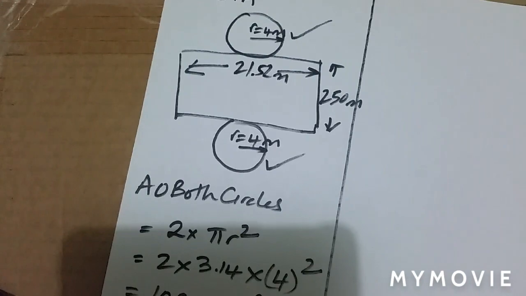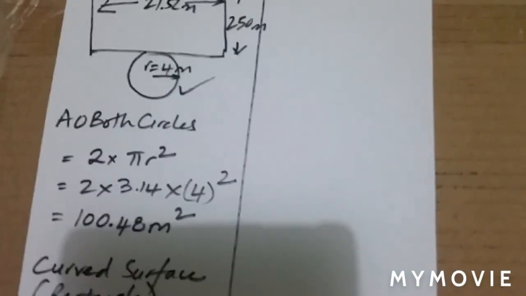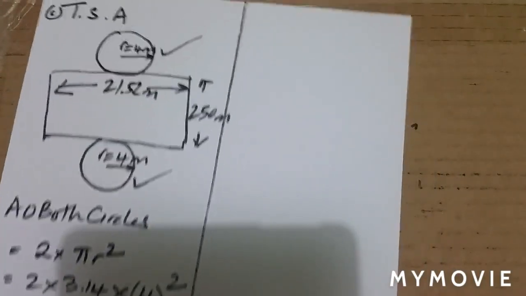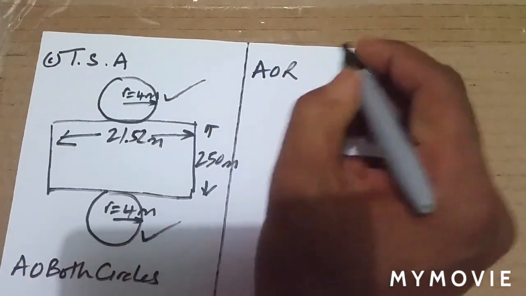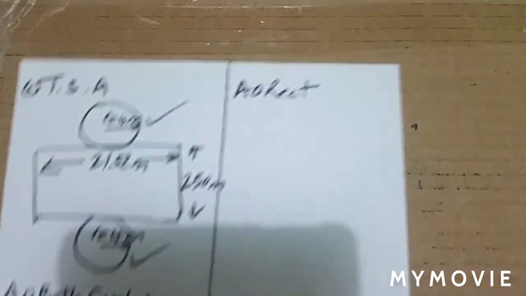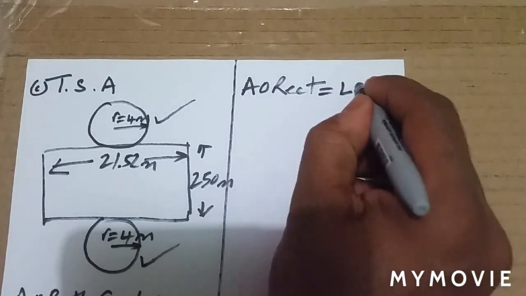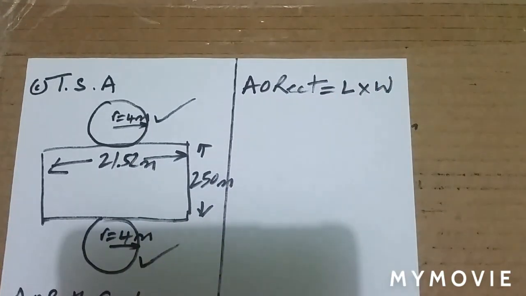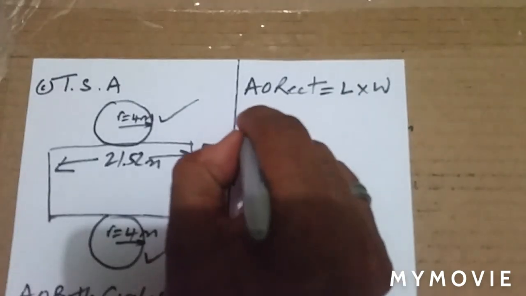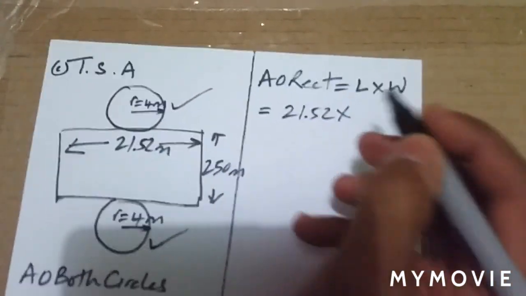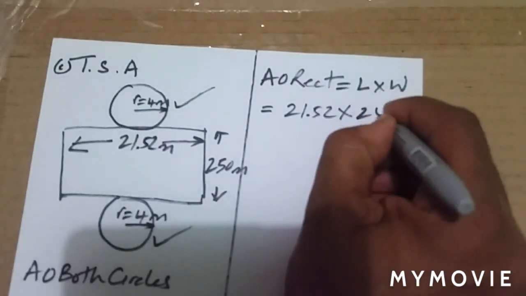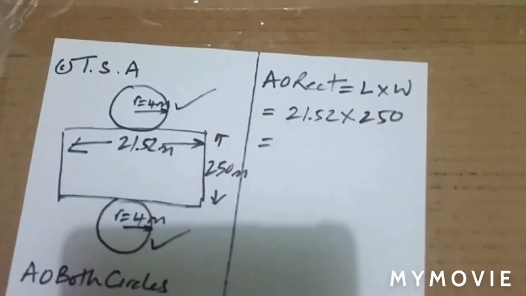So we can go ahead now and find the area of the rectangle, and then eventually find the total surface area. The area of a rectangle is simply length times width. So this would be 21.52 times 250, and of course, that's meters.